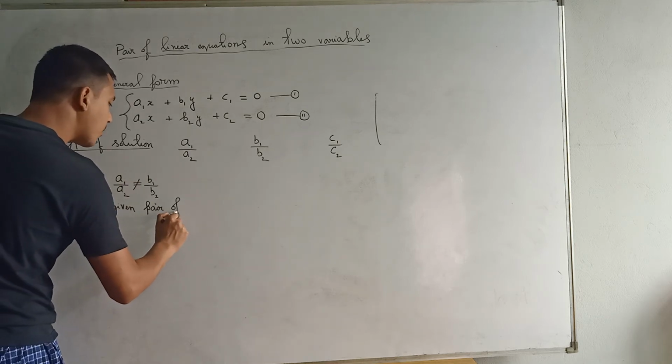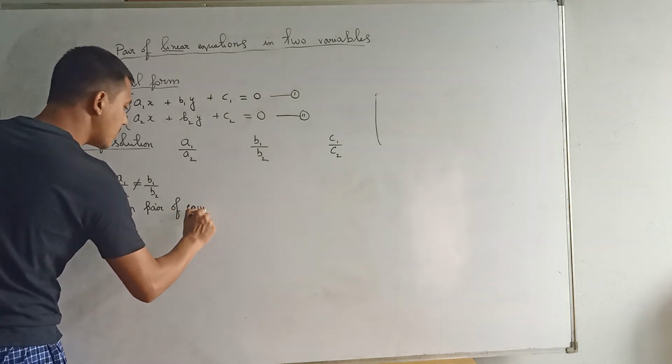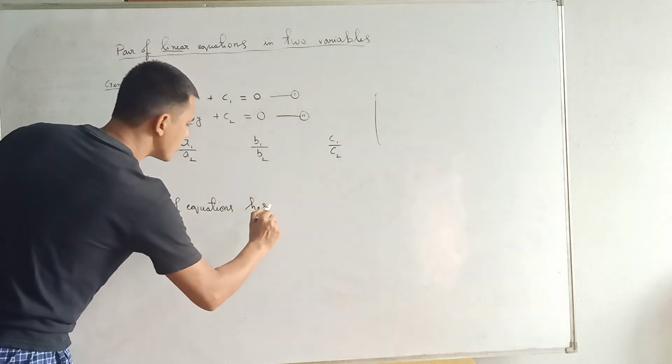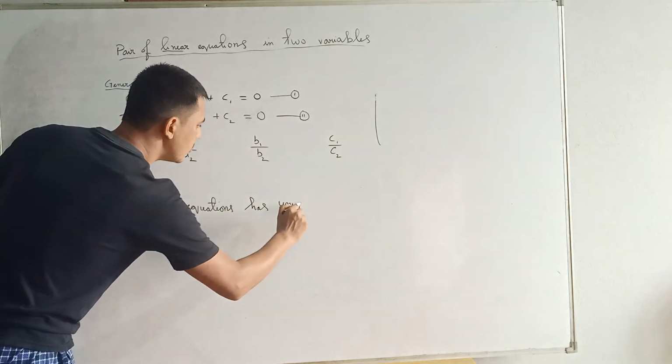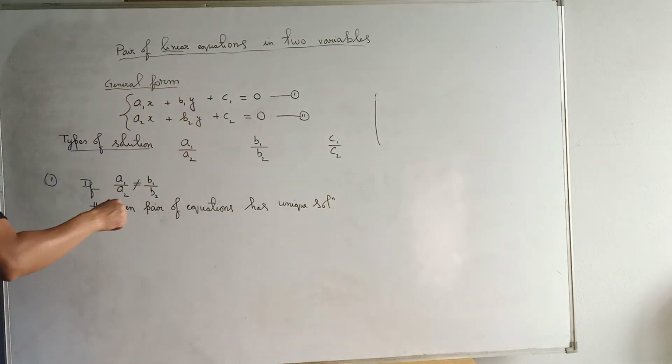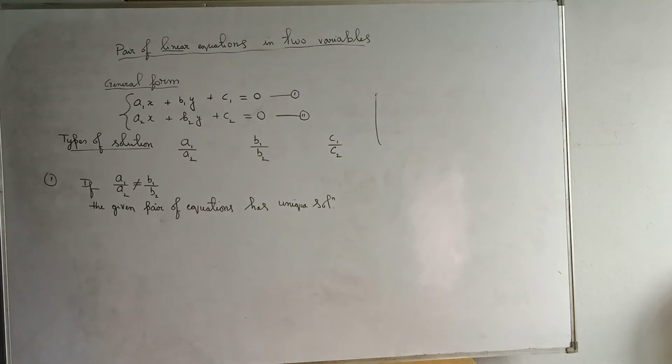The given pair of equations, or you can say the given system of equations, has what solution? Unique solution. Unique solution means we have only one solution. Is it okay?